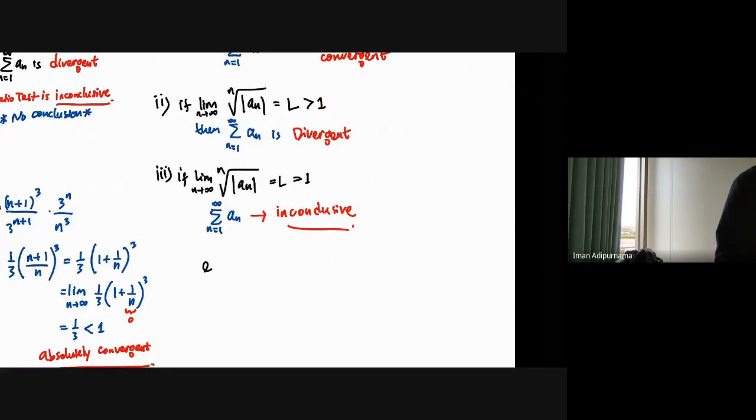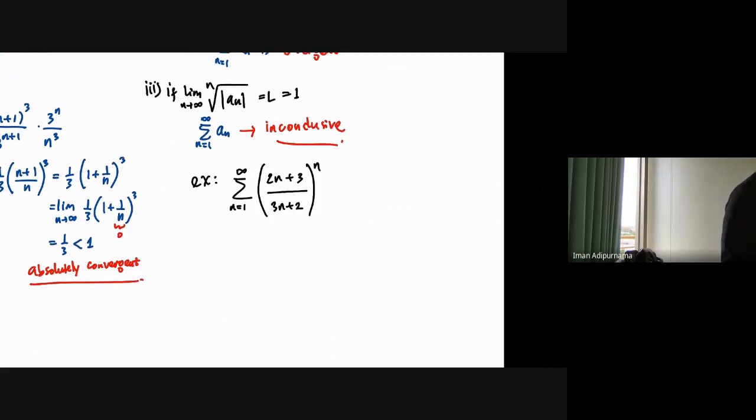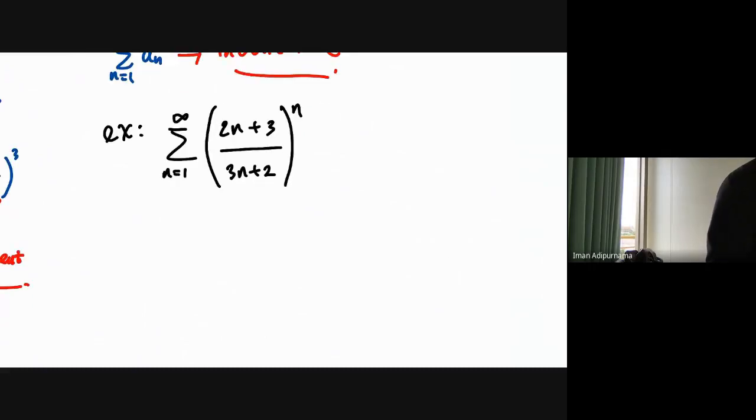For example, like that. We can definitely take the absolute value of the inside and then take the n-th root, and then we can conclude the result, in which the result is just the limit of the inside of the power of n, in which we can conclude that this is 2 over 3.